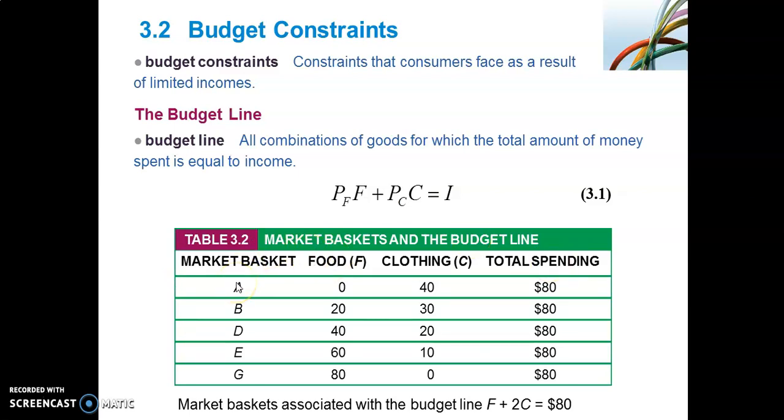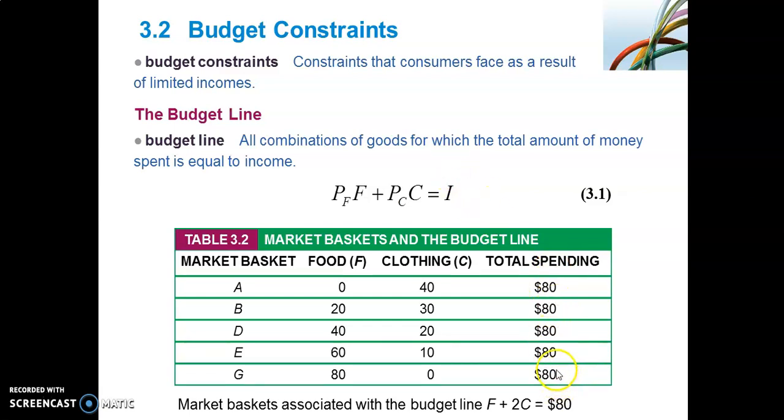If you were to spend the entire $80 on only clothing, and we know that clothing costs $2 per unit, then the total number of units you would be able to obtain would be $80 divided by the price. That would give you 40 units of clothing and 0 units of food. So that would reflect the one intercept of this budget line.